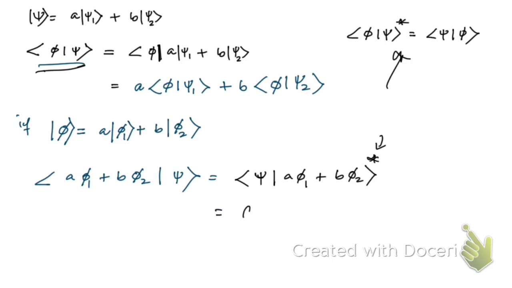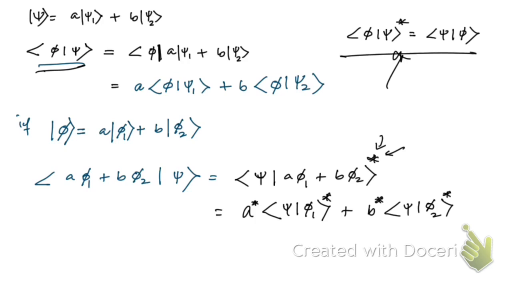So similarly, the first thing is now psi. As we have star here, so star, then psi and phi 1 star complex conjugate, then again b star, complex conjugate of b, then here psi and phi 2, its complex conjugate.